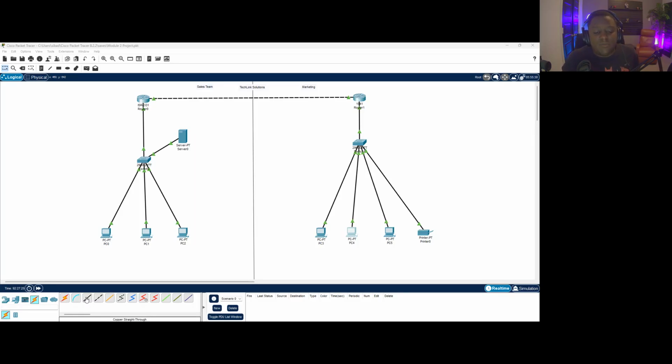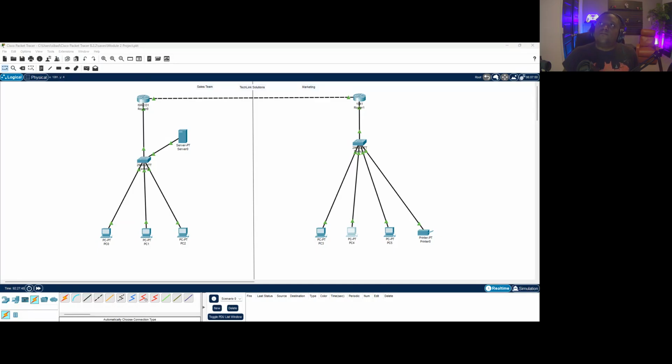On the straight black lines, you're looking at the copper straight through cables. On the squiggly lines, you're basically looking at the copper crossover. Those are what the different bars indicate.